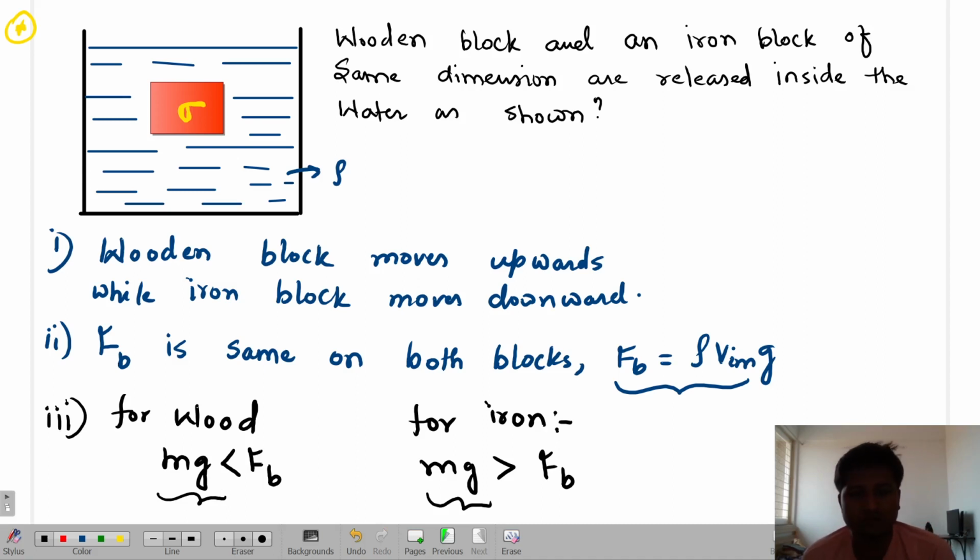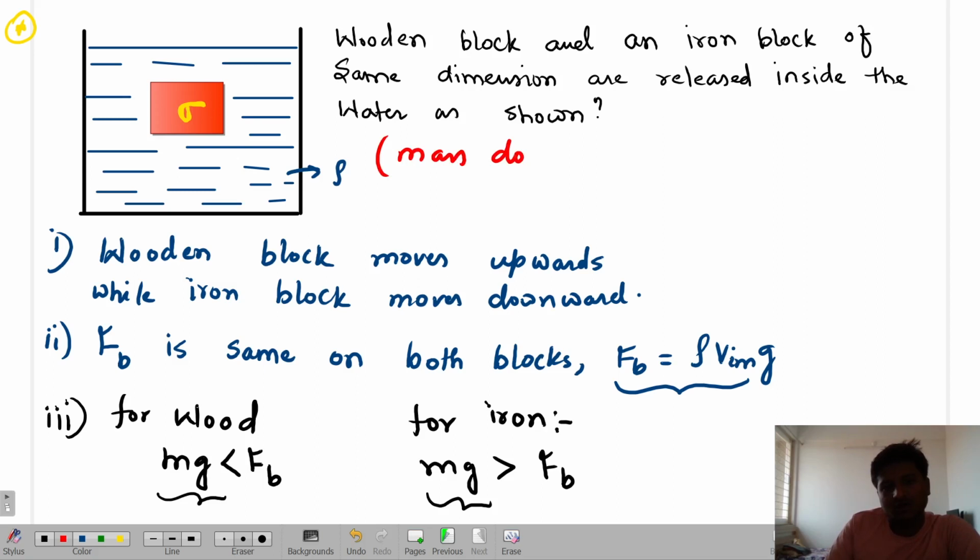Even if I take a wood of mass 5 kg and an iron block of mass 5 kg, the iron block will sink downwards while the wooden block will come upwards. So mass does not provide any conclusion, though it contributes definitely.